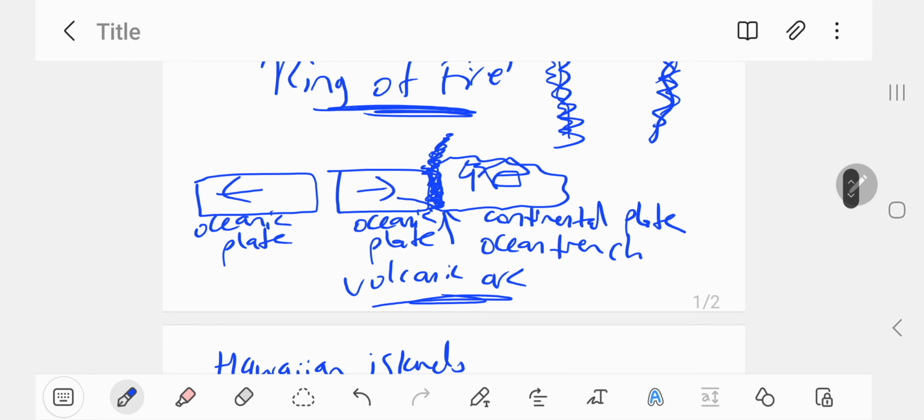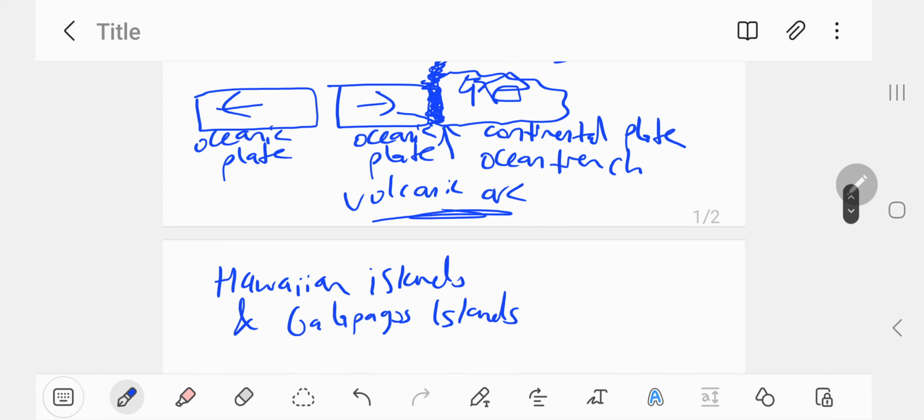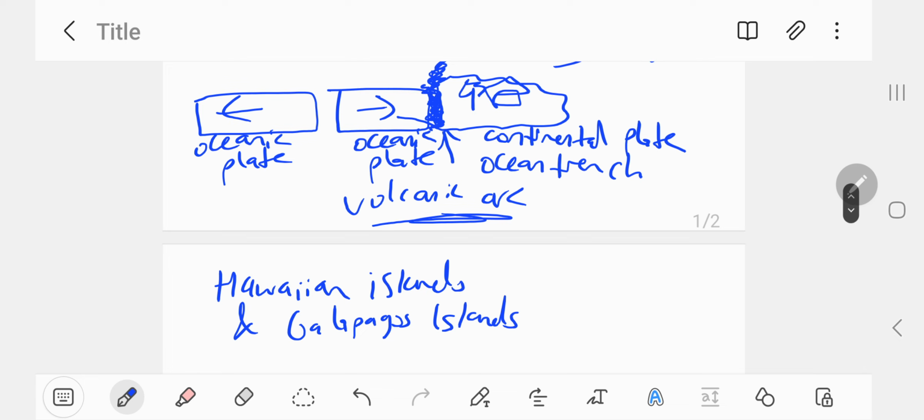Because, just as I've explained, when magma rises and contacts the surface of the Earth, it cools and solidifies, and that forms new crust. And so you get new landforms like islands, the Hawaiian Islands.